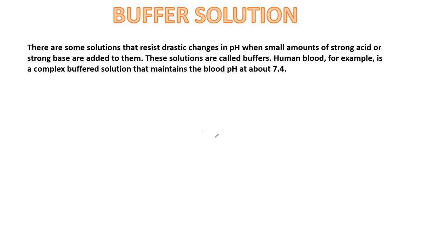Now, buffers are of two types, acidic buffers and basic buffers. So what are acidic buffers? We will mainly focus on acidic buffers. They are made up of a weak acid plus a salt. Which salt? A salt of a weak acid and a strong base.